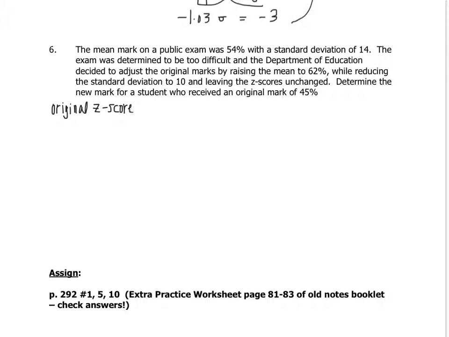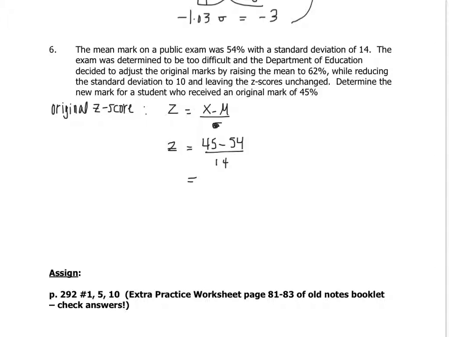So the original z-score would be z equals data value minus the mean over the standard deviation. The original mark was 45, and the mean was 54, and the standard deviation was 14.